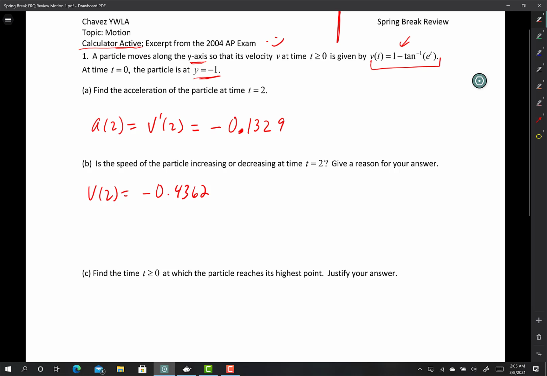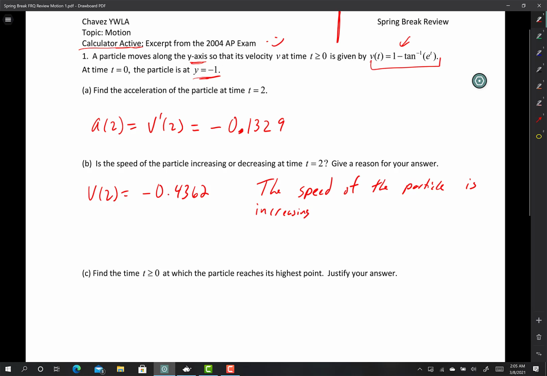So here we go. I'm going to write a statement. The speed of the particle is increasing. Well, okay, now that I'm thinking about it, it's saying is the speed of the particle increasing.